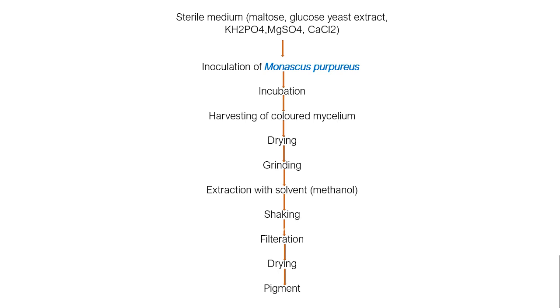After inoculation, you incubate and harvest the colored mycelium. Then you dry the mycelia and grind it, and extraction is done by the solvent method, that is liquid extraction using methanol. You shake the solvent, and after filtration you get the pigment, then you dry that pigment and you can use it for packaging or for any other further purposes.